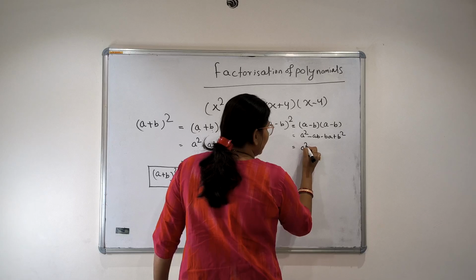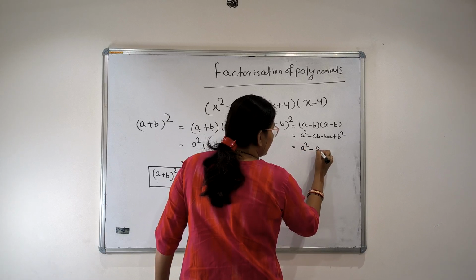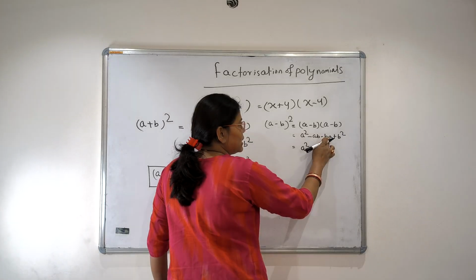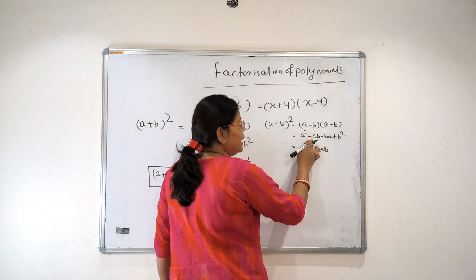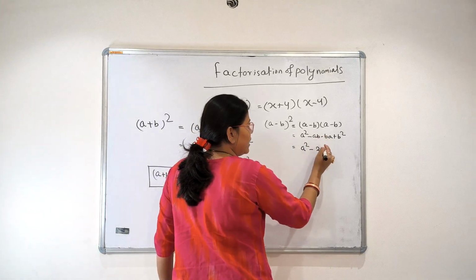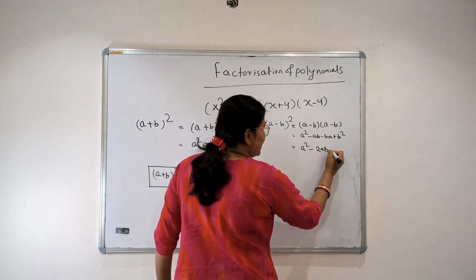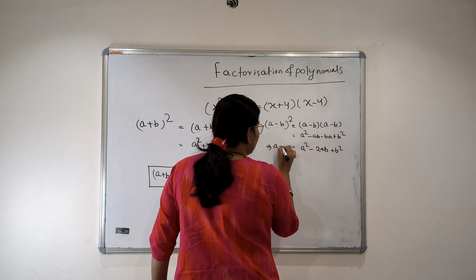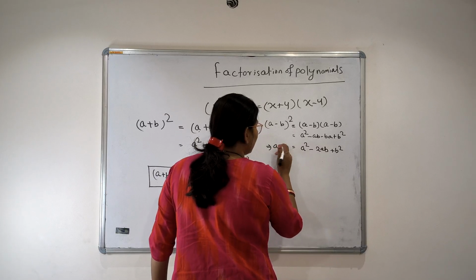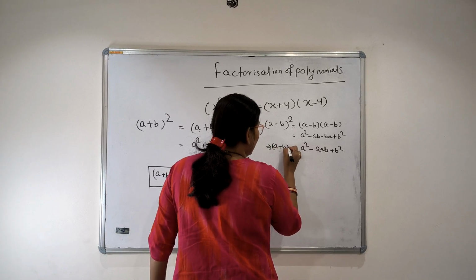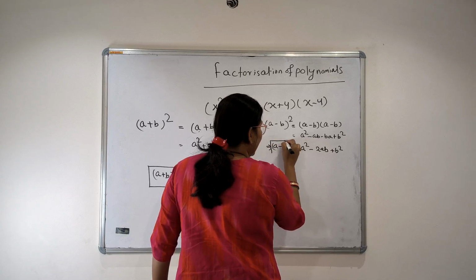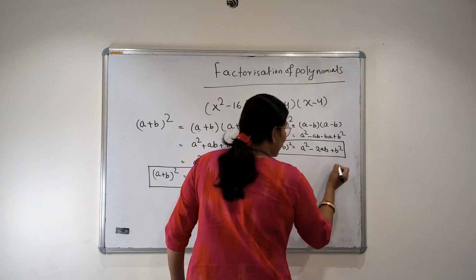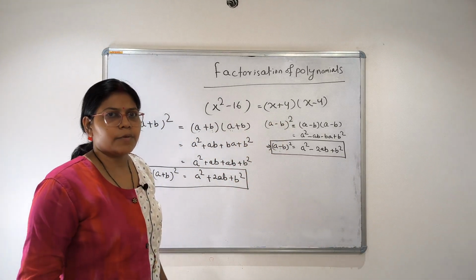So a square minus 2ab, because the commutative property of multiplication is satisfied here, so ab is equal to ba. So I can write it as minus 2ab plus b square. This implies, what is the formula of a minus b whole square? A minus b whole square is equal to a square minus 2ab plus b square. So we can easily calculate these formulas.